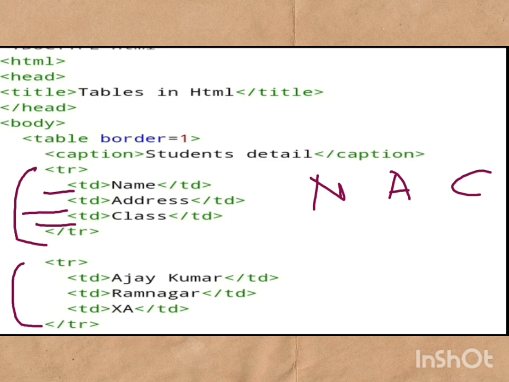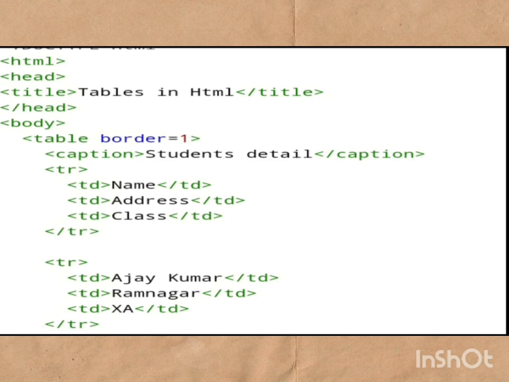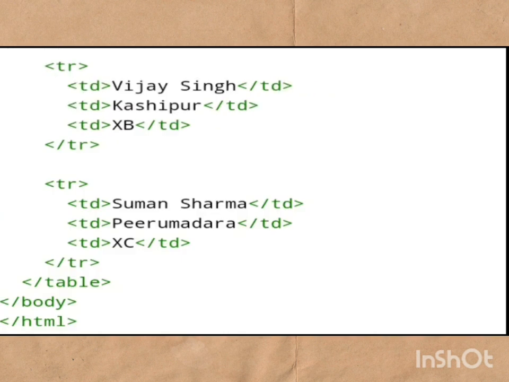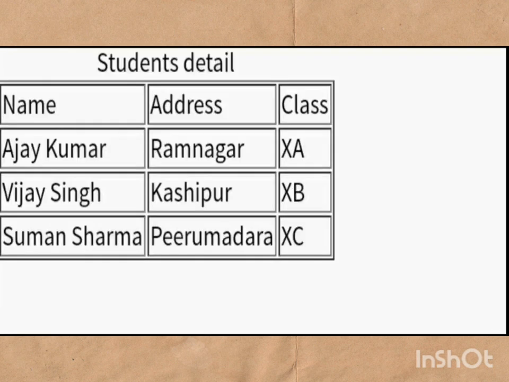Similarly Ajay Kumar, Ramnagar, and 10th A. So for that also I have to make Ajay Kumar, Ramnagar, 10th A. Now similarly for Vijay Singh, Kashipur, 10th B. Now Suman Sharma, Pirumadara, 10th C. And finally the table is closed here, and body is closed, and HTML is closed. And finally the output, when you see in your mobile or a computer, the same output will come.